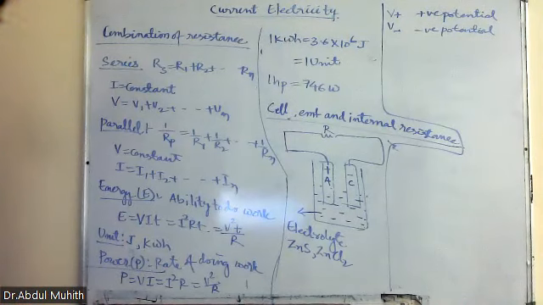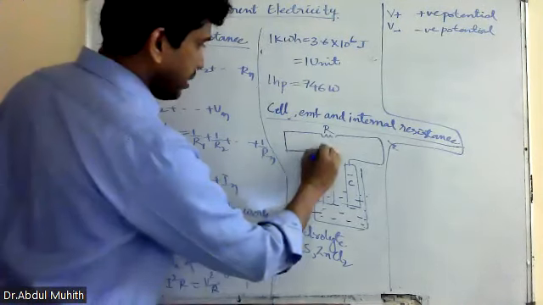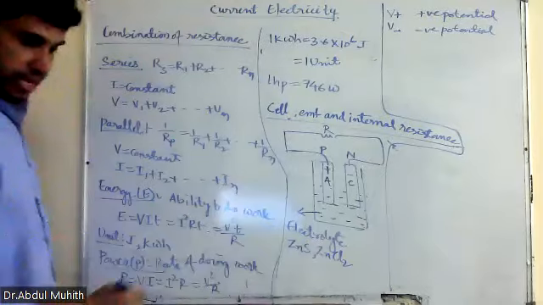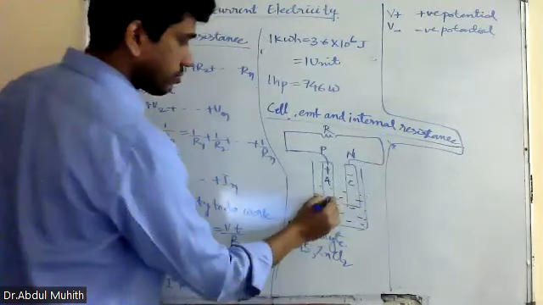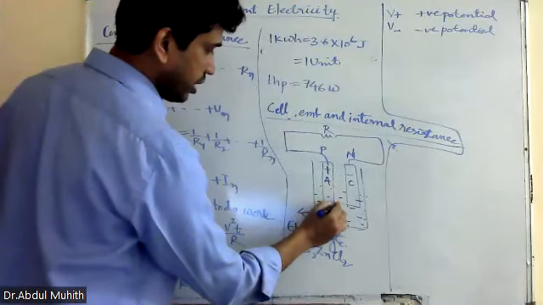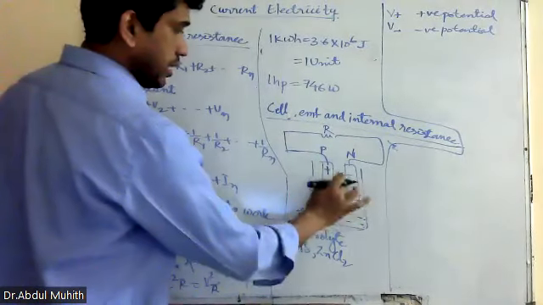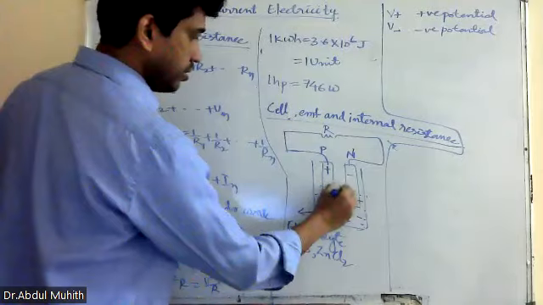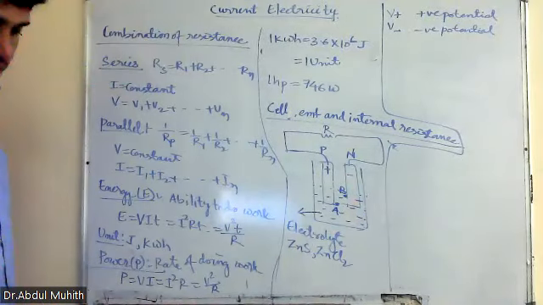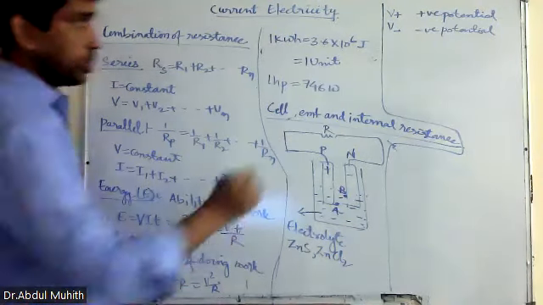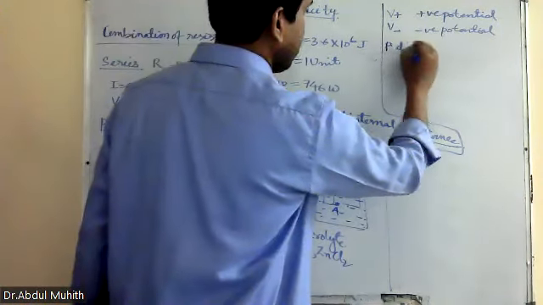Let it be P and N here, and I'm writing A and B here. So what do we get now? Here we write V plus plus V minus. The potential difference is given by what?